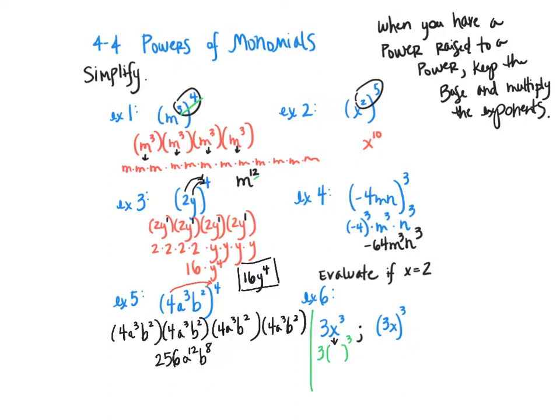So in this case, this is really 3 times 2 to the 3rd power. So if I'm following my order, I need to do my exponents before I do my multiplication. So 2 to the 3rd is going to be 8. So I have 3 times 8, which is 24.